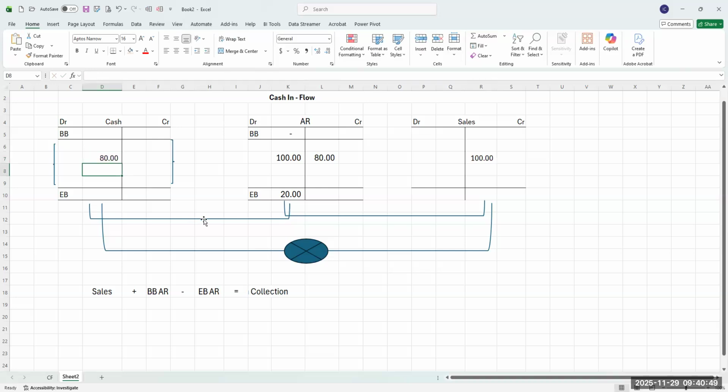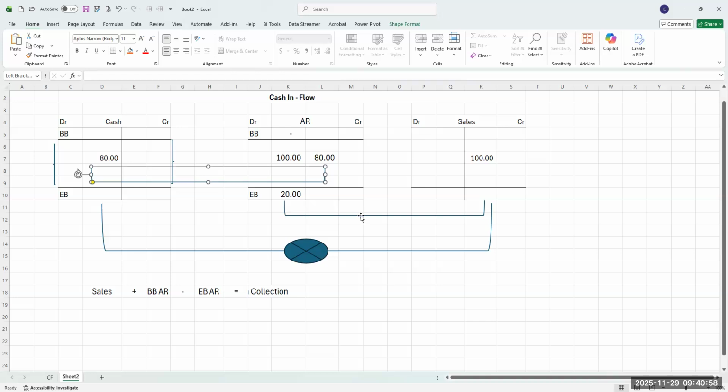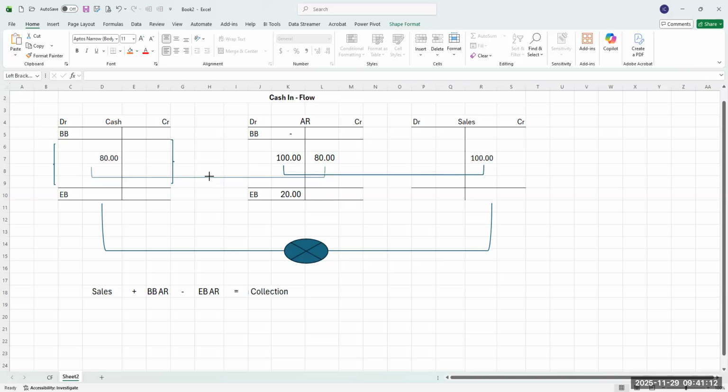Make sense? So whatever I have here is going to transfer into my cash. This is my $80. This is my sales, 100. Now it's more visible. Those 100 from sales go to accounts receivable. Now whatever I collect from the accounts receivable goes directly to cash.